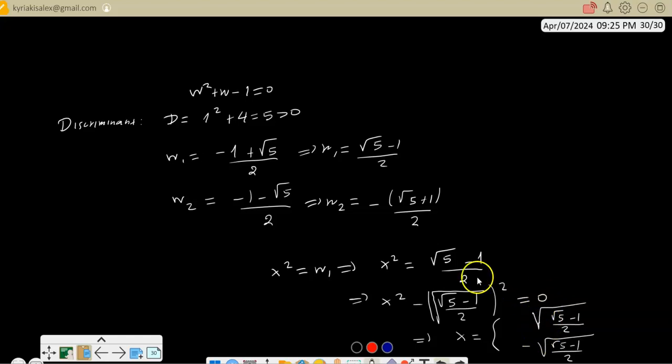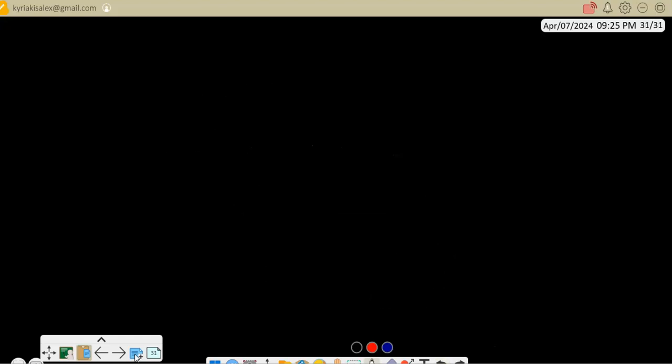I have two solutions for x. x1 equals square root of the square root of 5 minus 1 divided by 2, and x2 equals minus the square root of the square root of 5 minus 1 divided by 2.